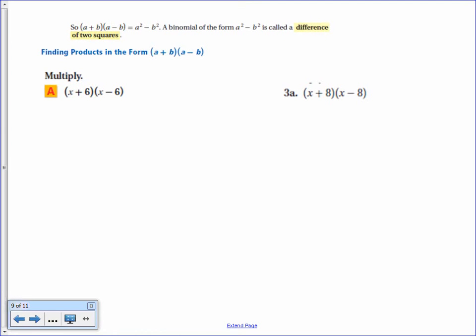All right. So going on to the last type of problem, this is what's called a difference of perfect squares. It's when you have a term times almost the same term, but the only difference is that one is positive, one is negative. So you notice in letter A, I got one positive, one negative. And here we got one positive, one negative.